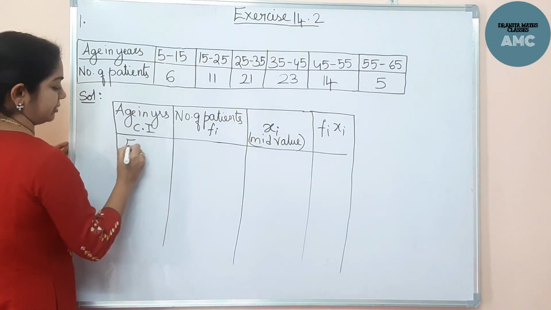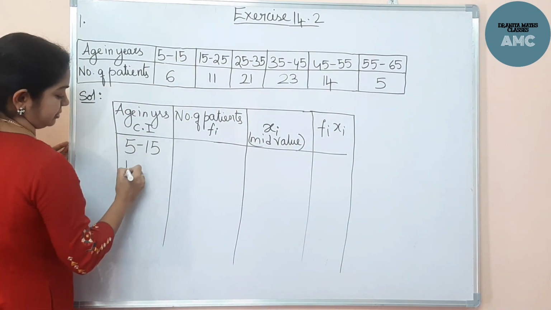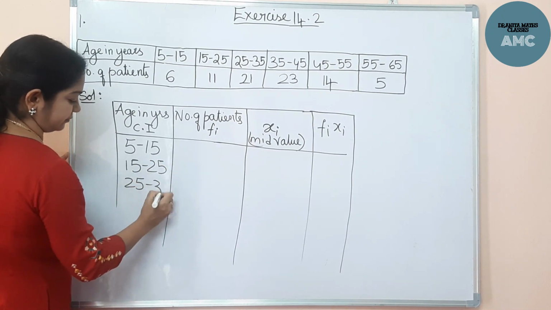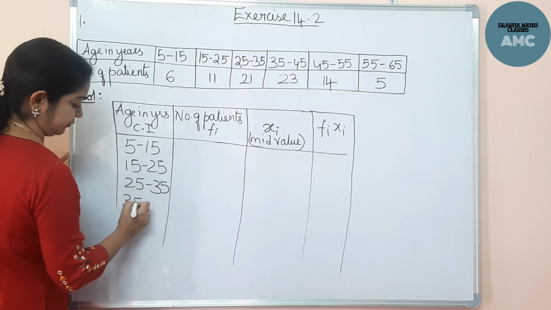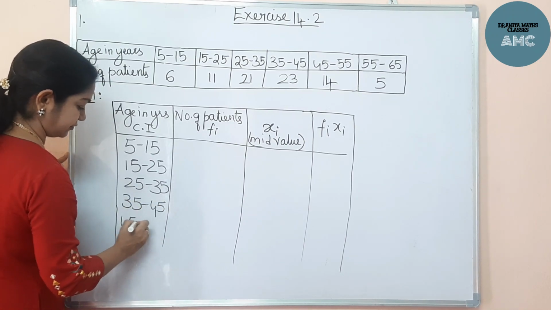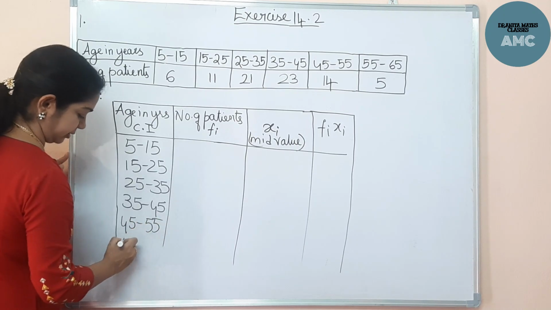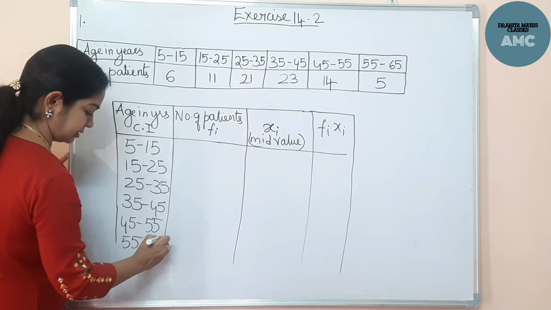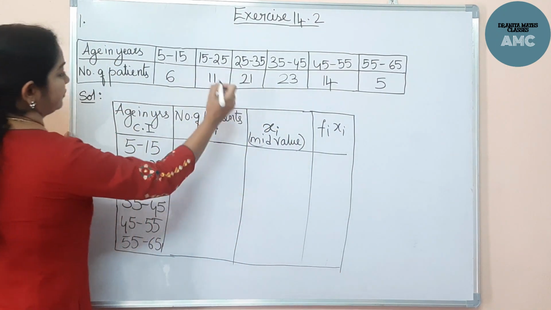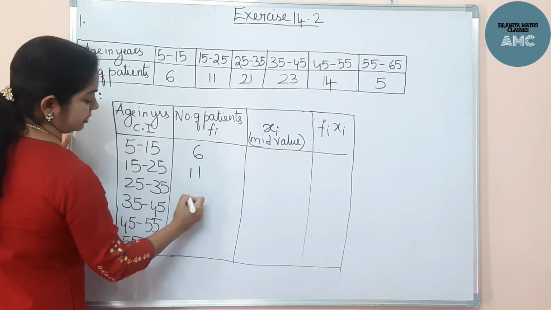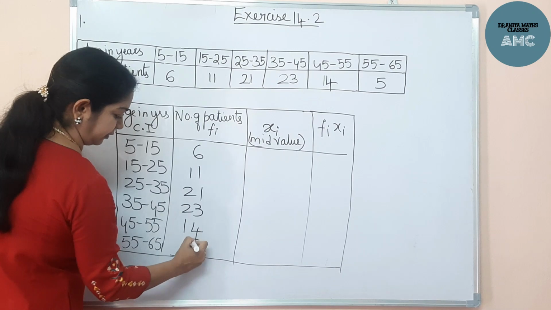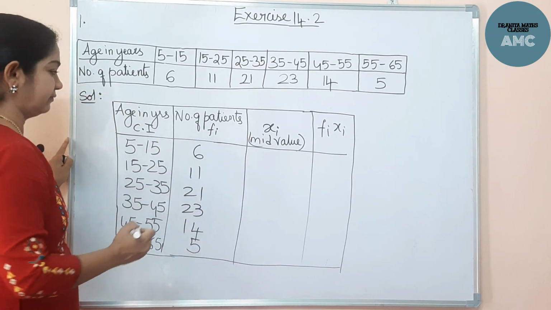Now, we'll note it down. 5 to 15, 15 to 25, 25 to 35, 35 to 45, 45 to 55, and 55 to 65. Now, the frequencies are 6, 11, 21, 23, 14 and 5, and then the mid values.